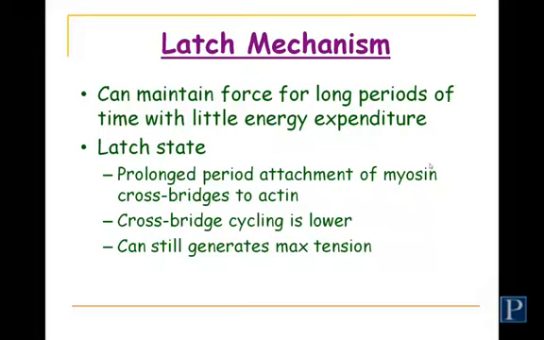They describe it as a latch state, or the latch state mechanism, whereby you can have the myosin and actin maintaining connections, being attached for long periods of time with less ATP generation or requirement. I think they estimate it's only about 1 ATP for every cycle, no matter how long the duration lasts.